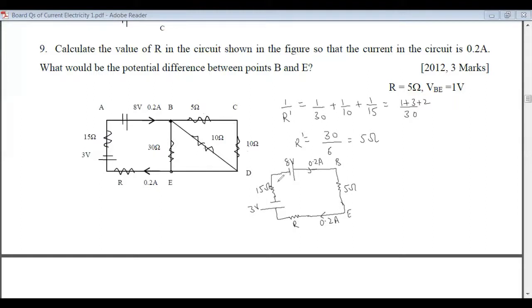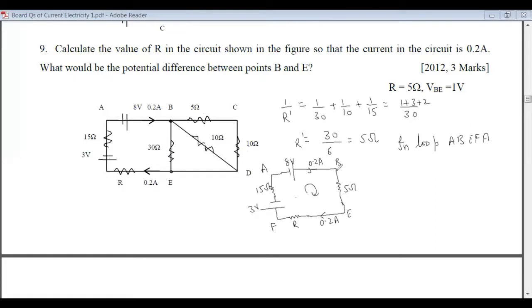Now we'll apply the Kirchhoff's second rule in order to find out this resistance R. Let us consider the direction from A, B, E. Let us consider this point to be F. So in loop A, B, E, F, A, we apply the Kirchhoff's second rule.